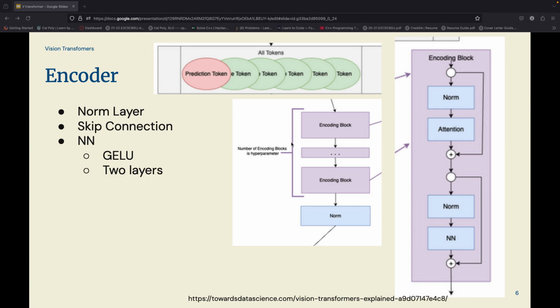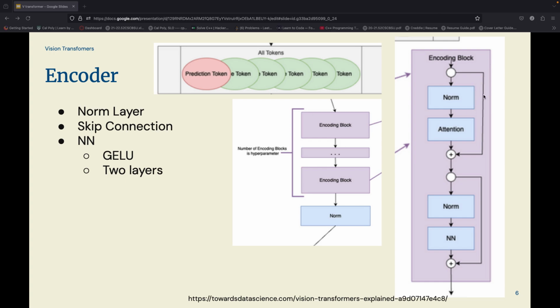Just think of the attention module as a way for the tokens to form relationships with other tokens for now. And that output is then combined with the original input. This technique is called a skip connection.